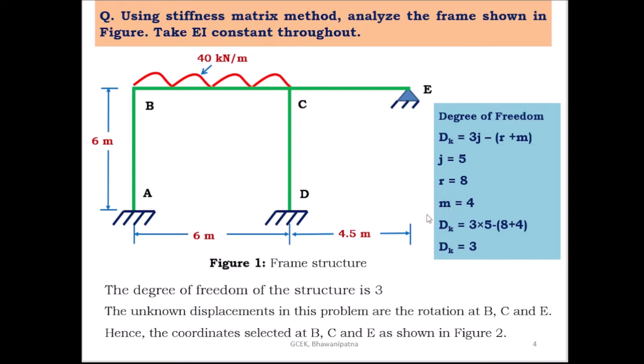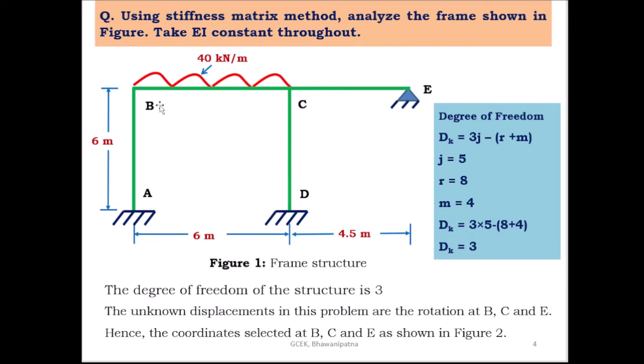Then find out the degree of kinematic indeterminacy. So this is equal to 3 into 5 minus 8 plus 4, so this is equal to 3. So the degree of kinematic indeterminacy or the degree of freedom is equal to 3.